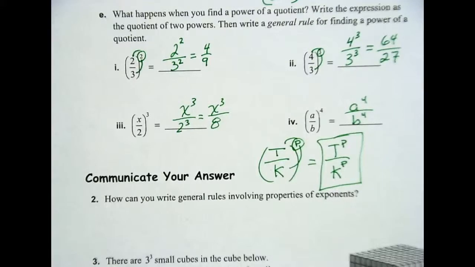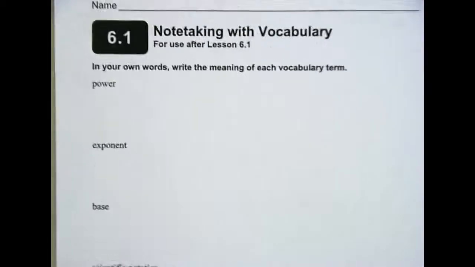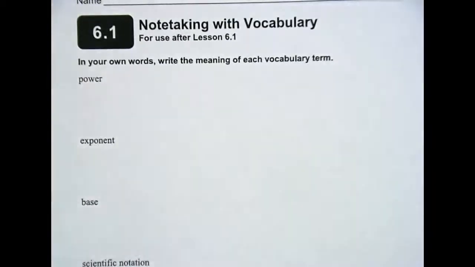Okay. Any questions? How many feel pretty good about it so far? Okay. Now, we're going to skip the bottom of that page. I do want to take a look at this part right here. This is on page 170. And just to define a few different things. First one is a power. Use a problem to define the power.